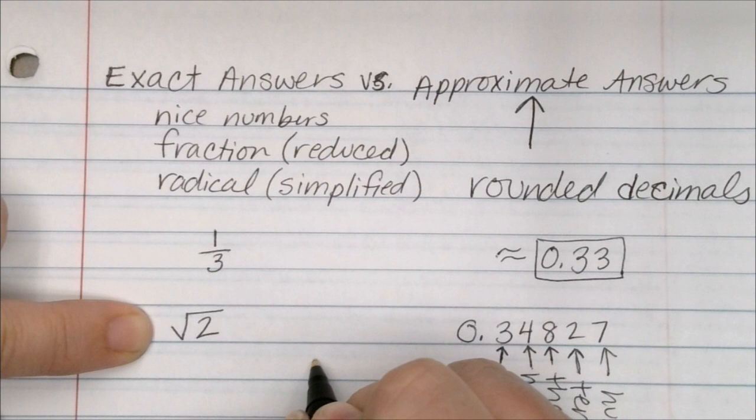The key to simplifying these has to do with things called perfect squares. What are perfect squares? 1 squared is equal to 1.